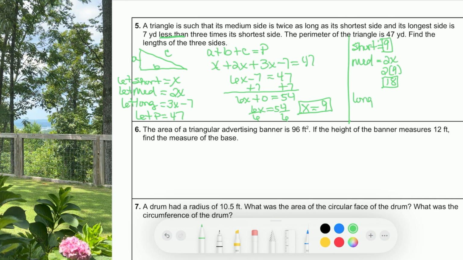The longest side was 3X minus 7, so 3 times 9 minus 7. I get 27 minus 7, and the long side is 20. So the 3 sides are 9, 18, and 20.